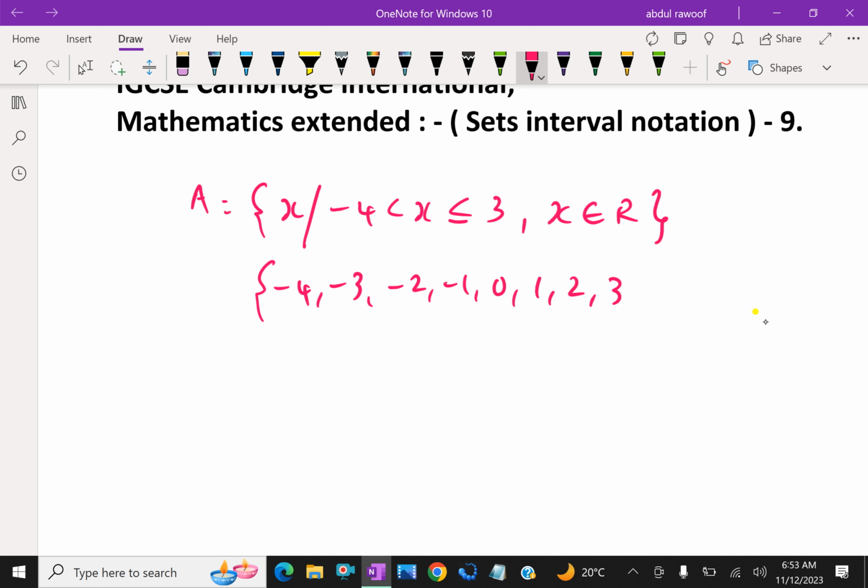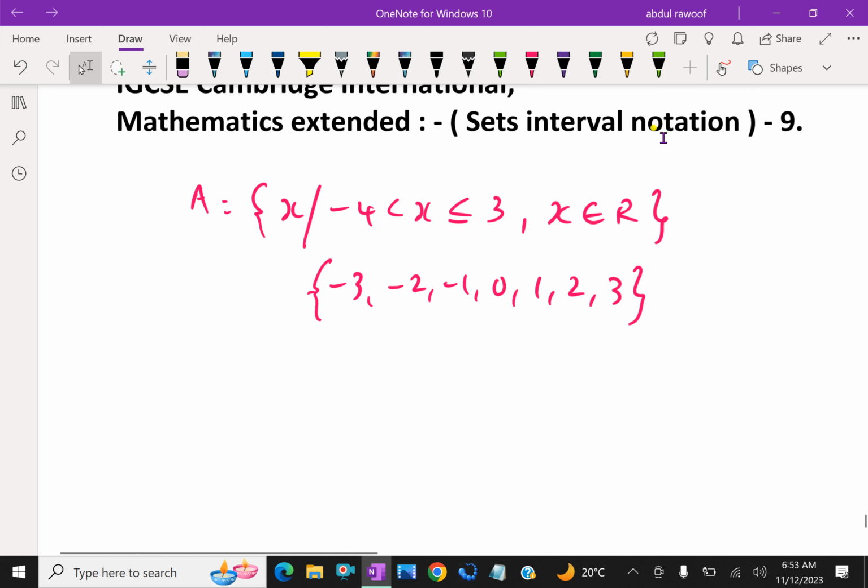Here this minus 4 is not there, since x is greater than minus 4. But here 3 is included, since x is less than or equal to 3. This is a set interval notation.